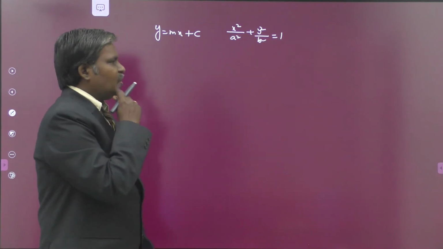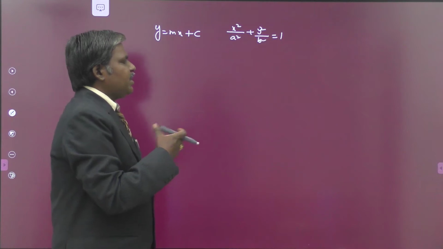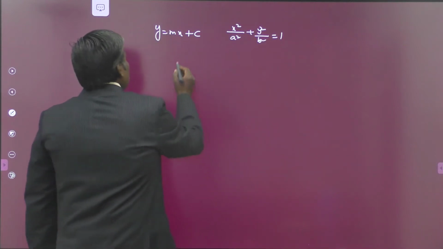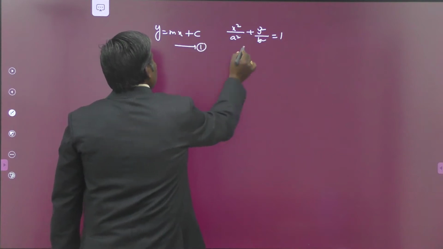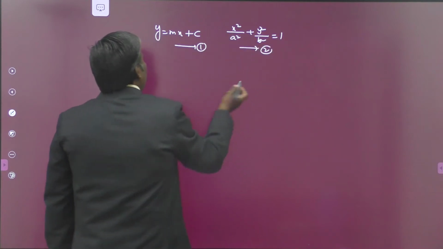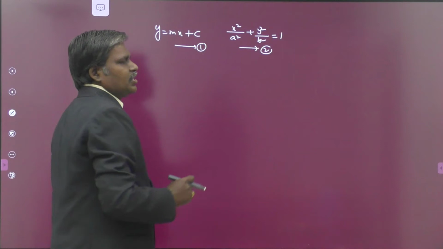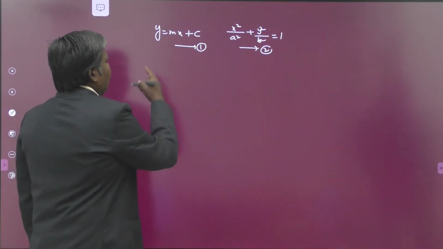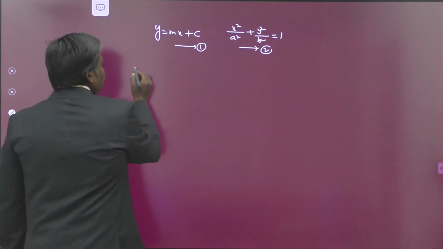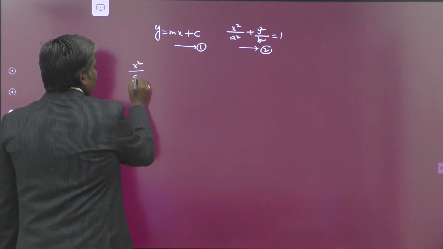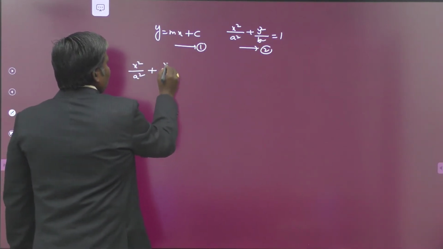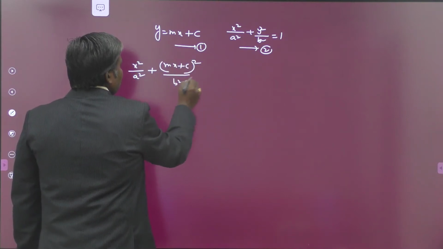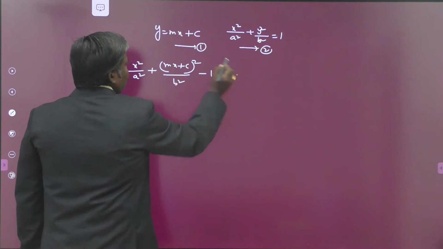Now we are going to check when it intersects, when it touches, when it is completely outside the ellipse. To get the points of intersection, all of you know what you have to do: substitute the line equation in the second degree curve. So I am replacing y by mx plus c. Now x square by a square plus (mx plus c) whole square by b square, listen carefully, minus 1 is equal to 0.